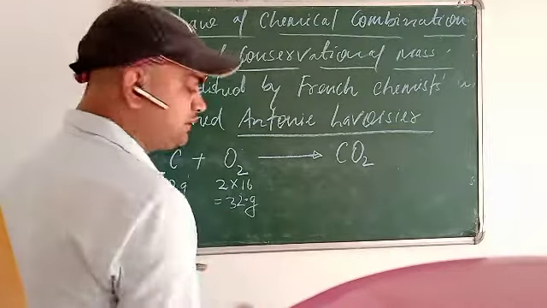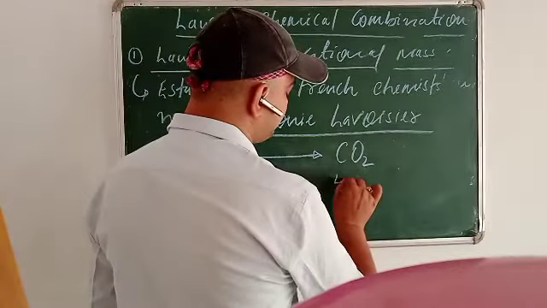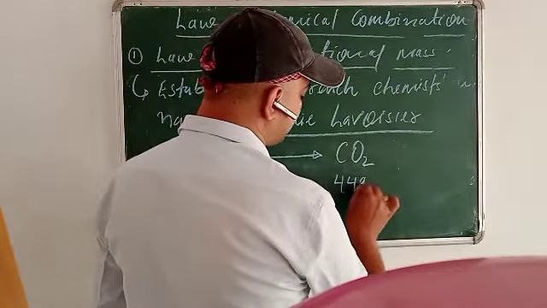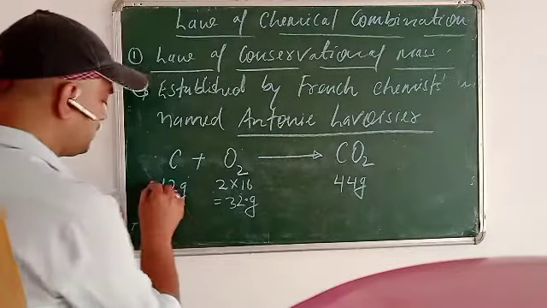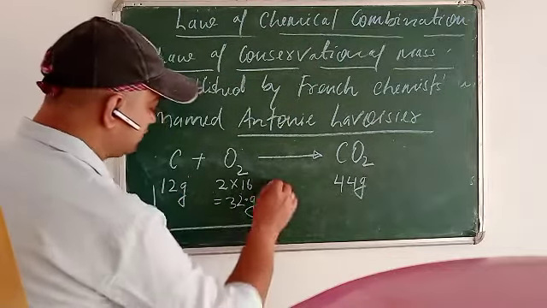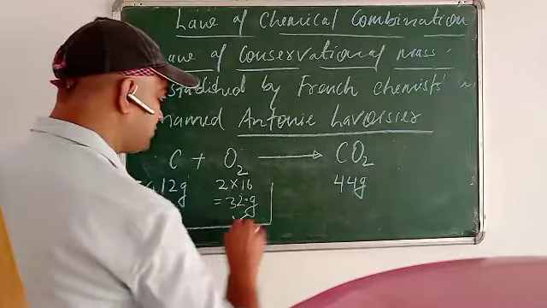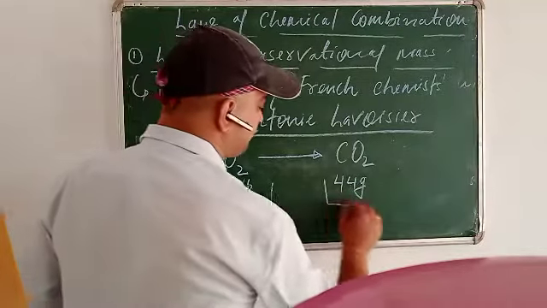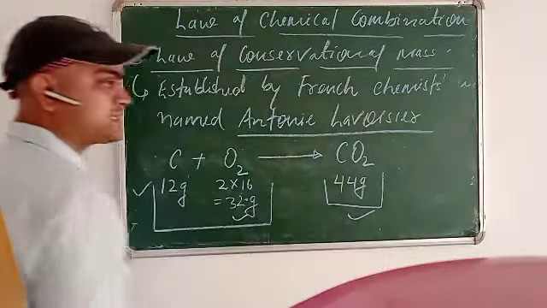And after all we get 44 gram of carbon dioxide. So after adding these two, 12 gram and 32 gram, we get 44 gram of carbon dioxide.